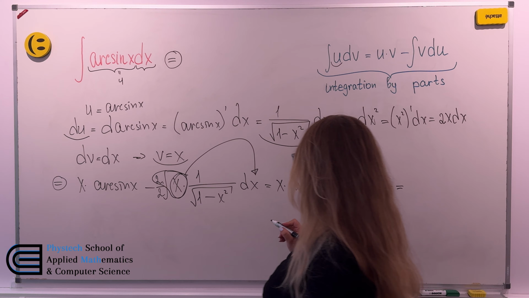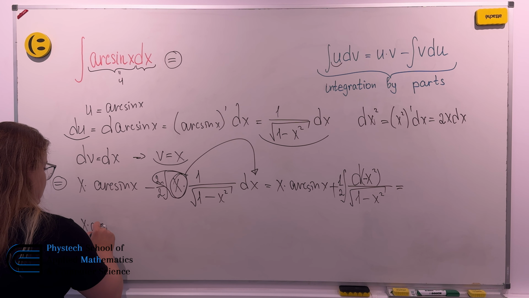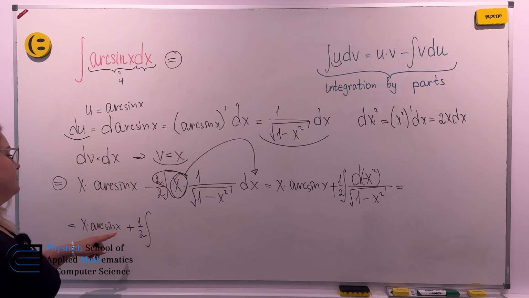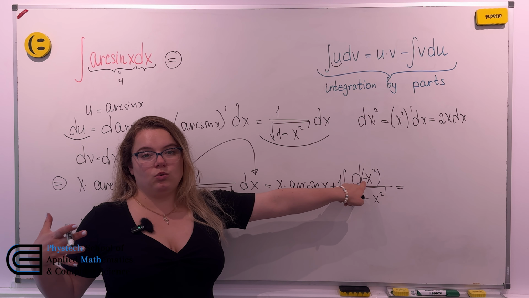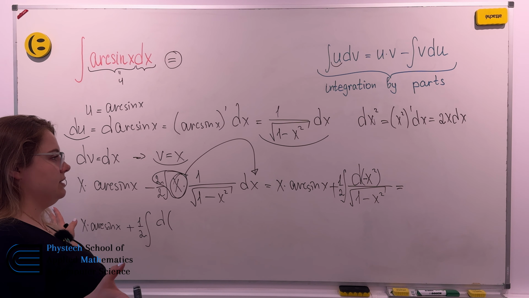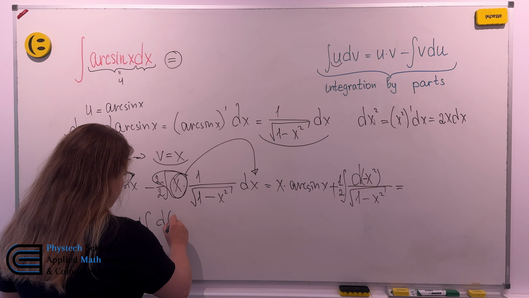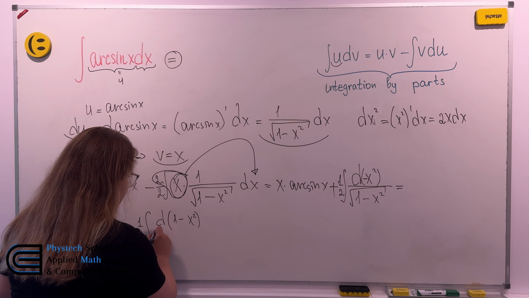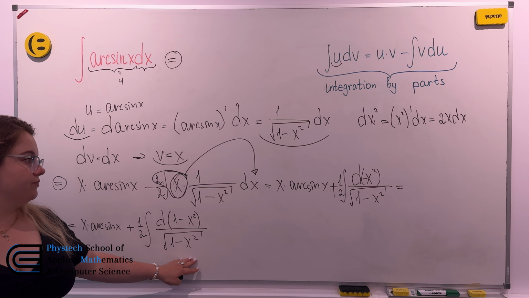And then we can rewrite it a little bit. x arcsin of x plus 1 divided by 2 integral of d, and we can add here 1. When we add a constant, it changes nothing, so 1 minus x squared will be here. And here, minus 1 minus x squared under the square root.